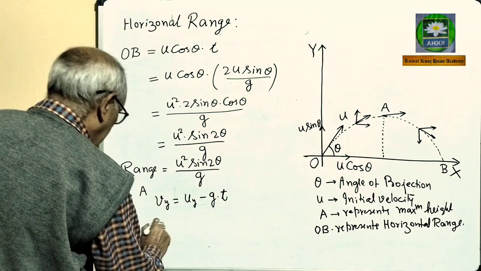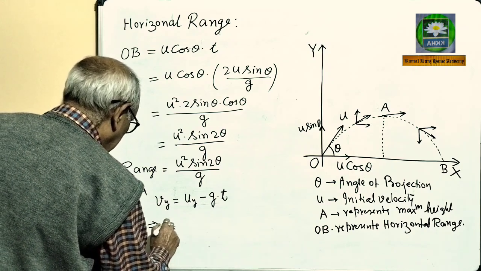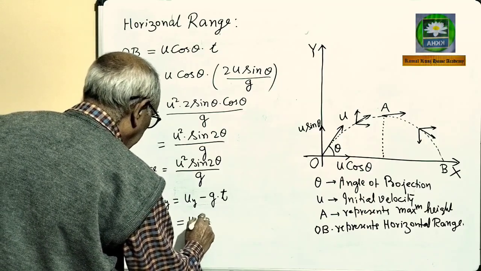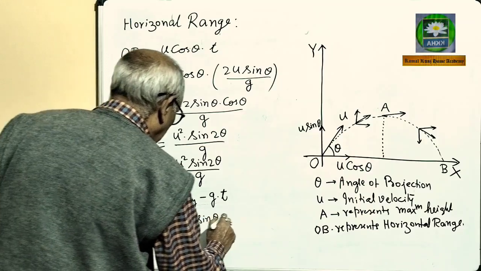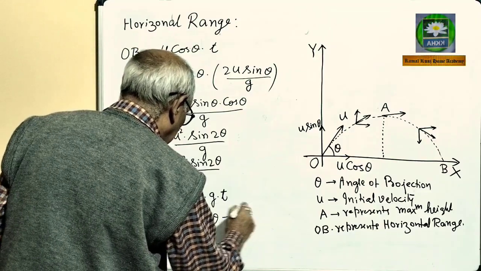At A, vy is 0. This implies that 0 is equal to u sin theta minus g into t.